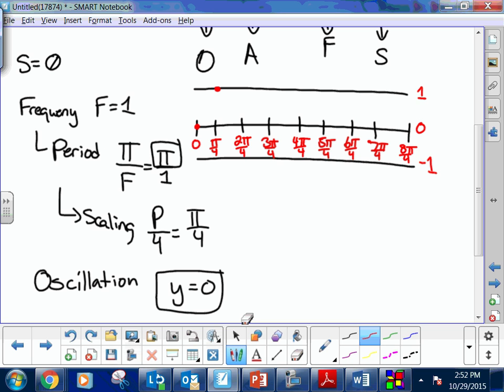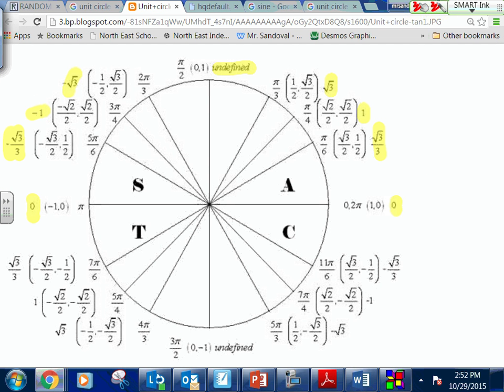So everything's going good. This next point is what makes the tangent function interesting. When I look to see what it is at pi divided by 2, I have a word that's up there. It's undefined. Now the reason being is because it's y divided by x. If I took 1 and divided by 0, I would have an error. I have something I can't do.